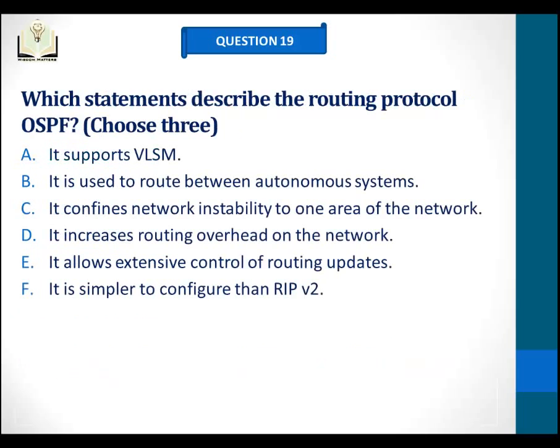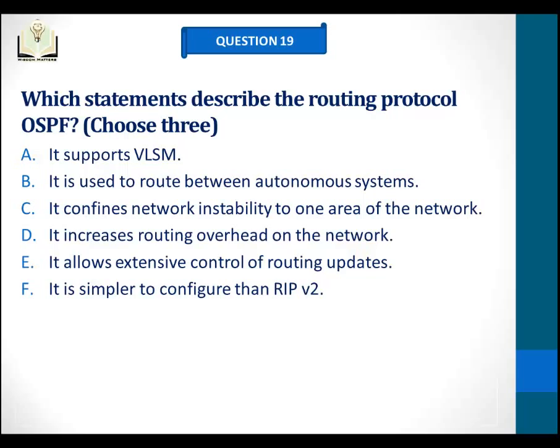Question number 19. Which statements describe the routing protocol OSPF? Choose 3. It supports VLSM. It is used to route between autonomous systems. It confines network instability to one area of the network.